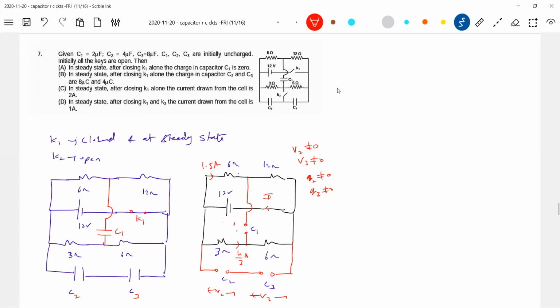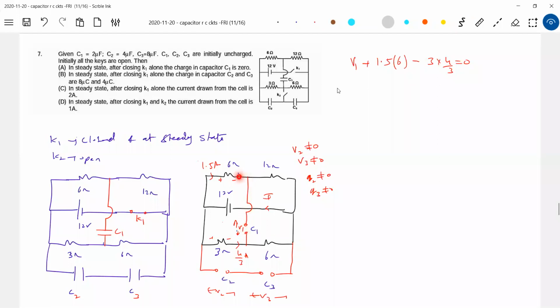This V1 we will calculate from this drop. To get that drop, I'll go for the loop equation, plus minus, plus minus. Let's see that. V1 plus 1.5 into 6 minus 3 into 4 by 3 equal to 0. I'm going for the loop equation. No guess, nothing. Start from here.